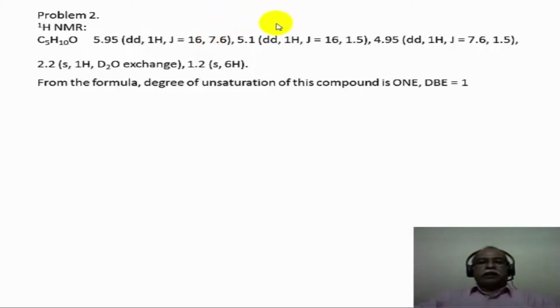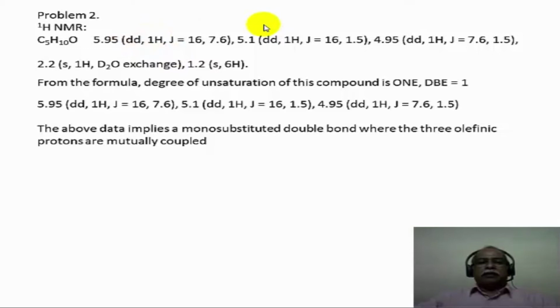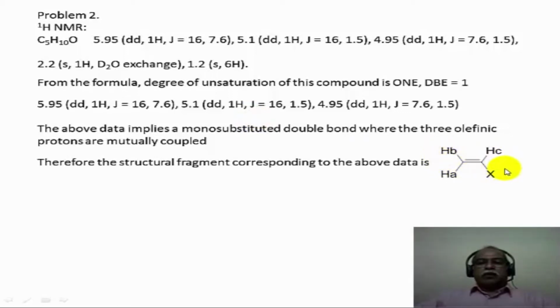So the data of 5.95, 5.1 and 4.95 taken together implies only a monosubstituted olefinic derivative like this, where you will have a trans coupling, a cis coupling and a geminal coupling corresponding to 16 Hz, 7.6 Hz and 1.5 Hz. The 1.5 Hz small coupling corresponds to the sp2 geminal hydrogen coupling, which is the smallest among the 3 coupling constants that you have in this particular fragment.